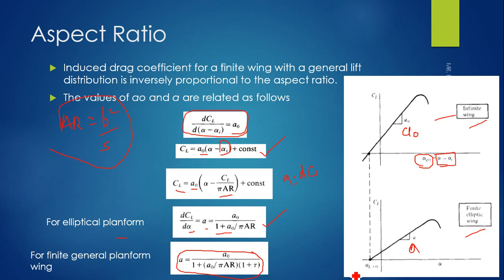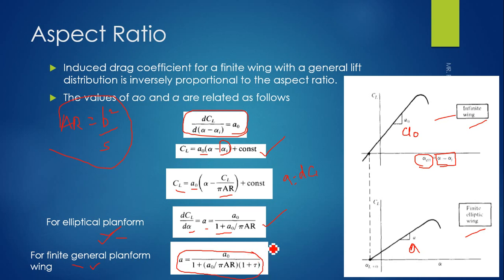Sir, how did we get this tau? Actually this is a big derivation only, so we need not go into the derivation part. There is a small difference between the elliptical lift distribution and the general finite wing distributions. For that purpose we have added this 1 plus tau.